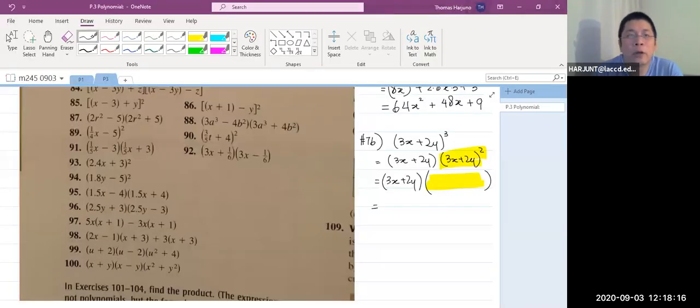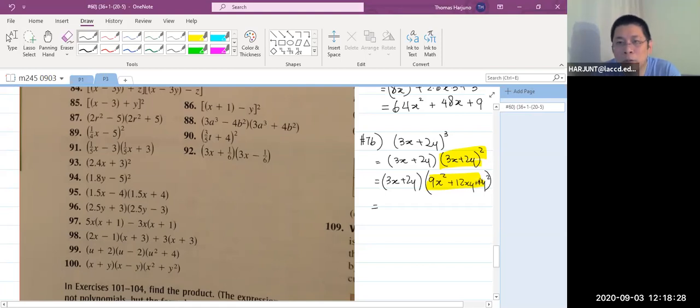Okay, when I FOIL that perfect square, I will get 9x squared plus 12xy plus 4y squared. And then I FOIL that. Oh, my space is too small, but bear with me.